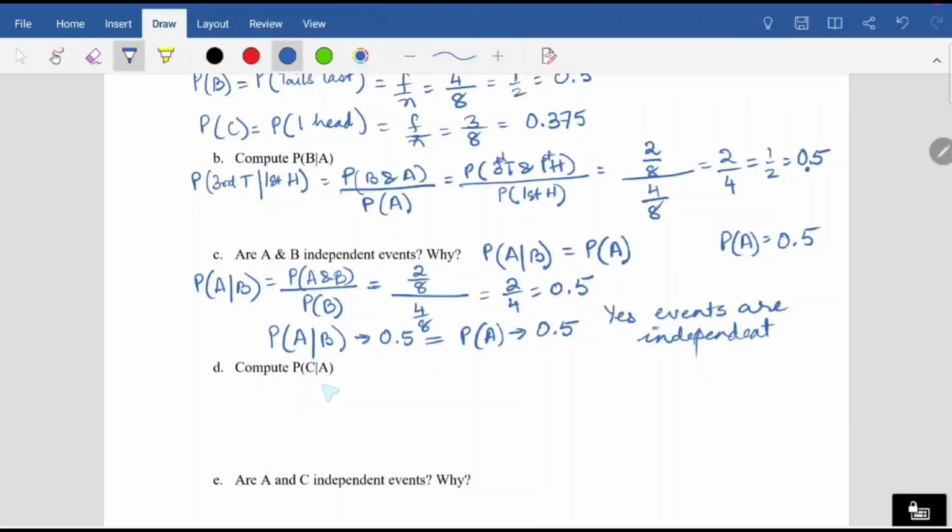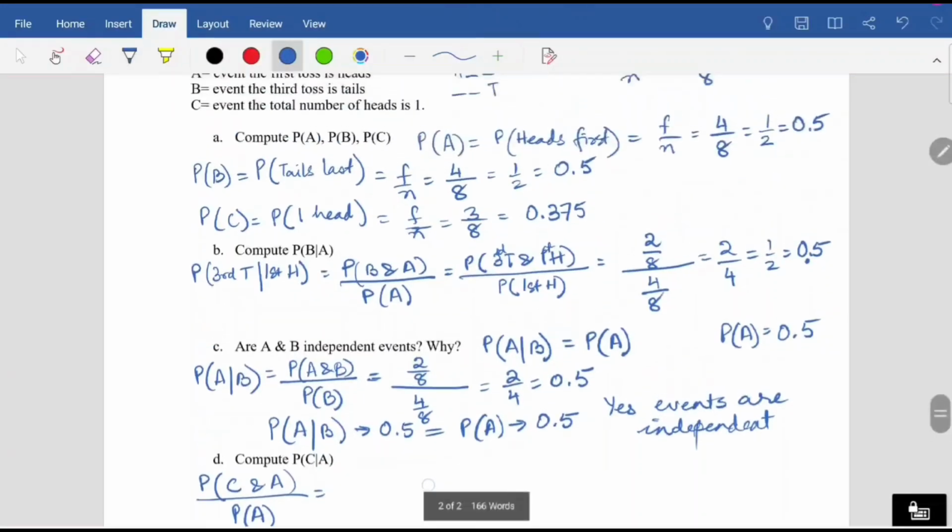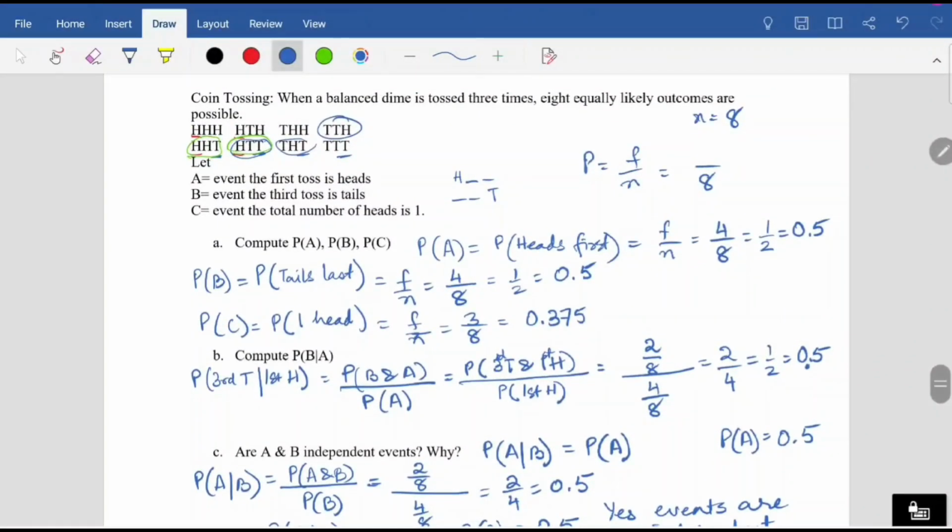So C is the event that only one head appears in a toss, correct? Again, let's write the formula up front. Probability of C and A occurring together divided by the given probability, which is probability of A. So probability of C and A would be how many ways we can have one head appearing only in the first toss. A is heads appearing in the first toss. So we have to narrow it down here.